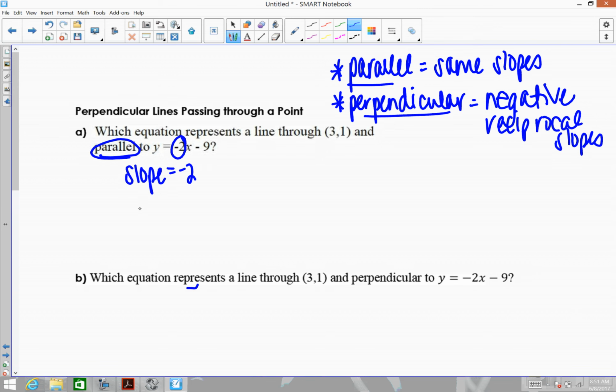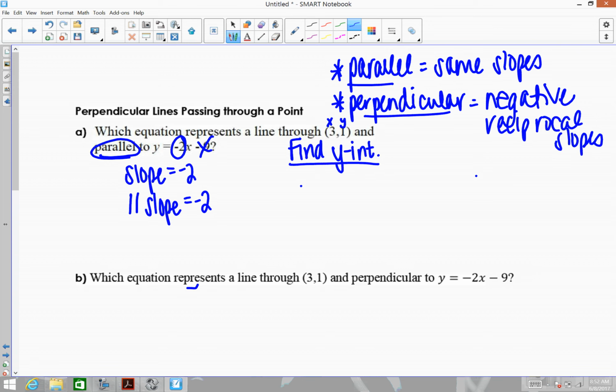So that means that the parallel slope is also going to be -2. And then what you do to find the y-intercept is two things.